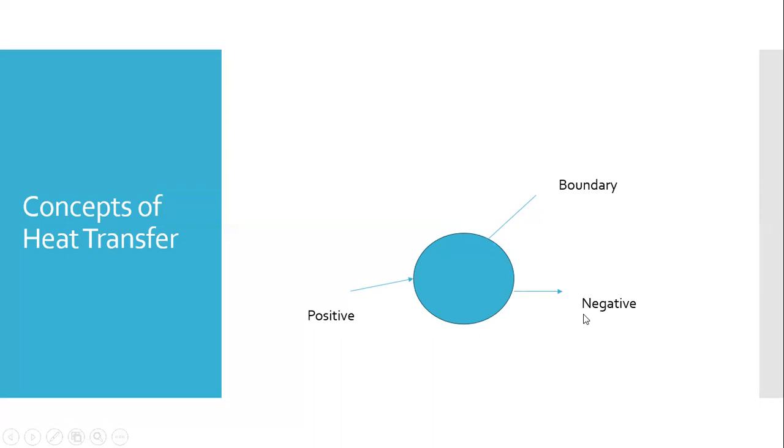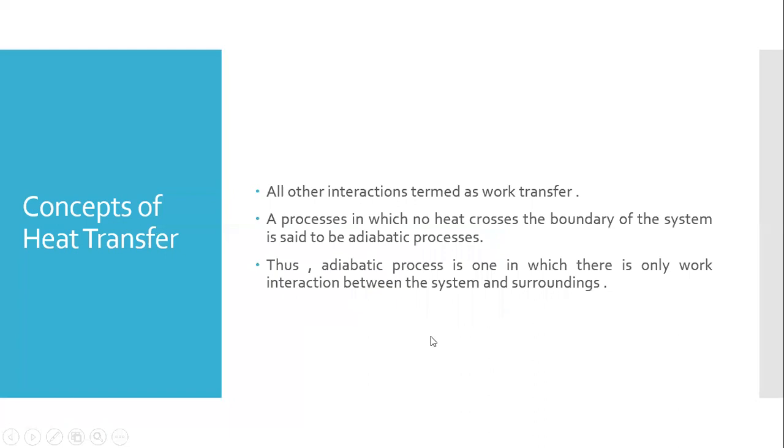Many people have a lot of confusion. Both have an extreme difference. When we are solving problems, we will come to know in the next meeting. All other interactions with respect to the given surroundings are termed work transfer.